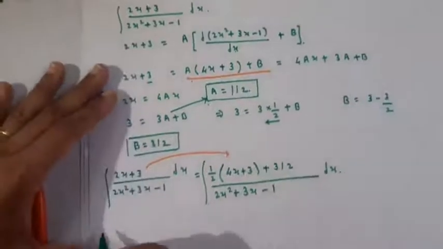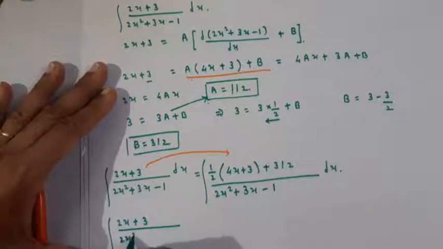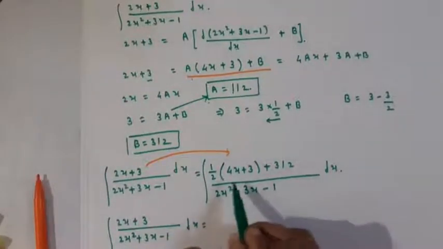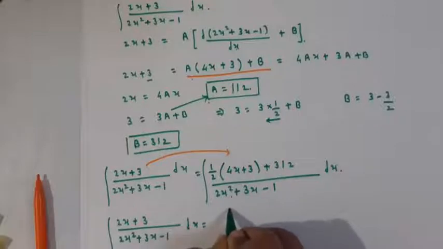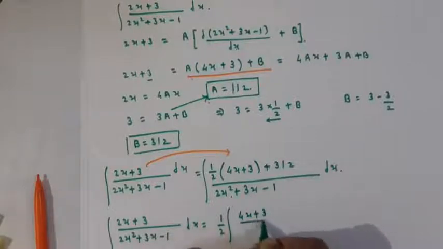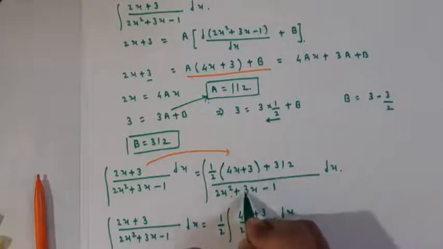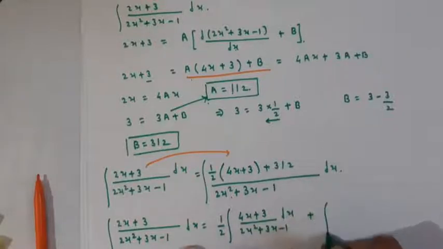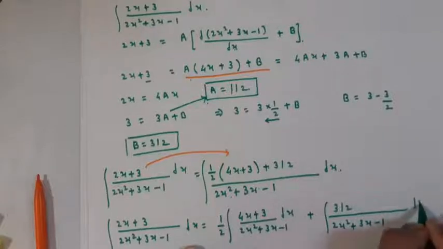Okay students, and hence integration of 2x plus 3 upon 2x square plus 3x minus 1 with respect to x is, by separating the terms, integration of 1/2 as a constant, take it outside, 4x plus 3 upon 2x square plus 3x minus 1 with respect to x, plus integration of 3/2 upon 2x square plus 3x minus 1 with respect to x.